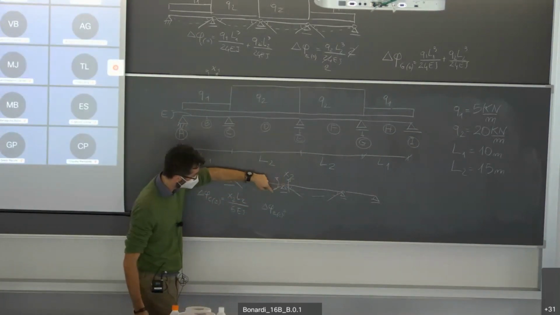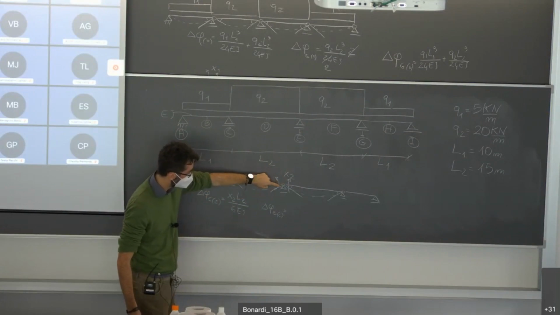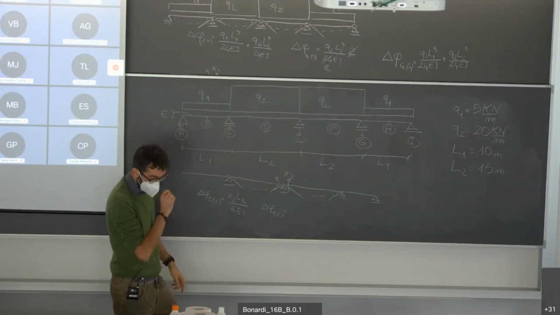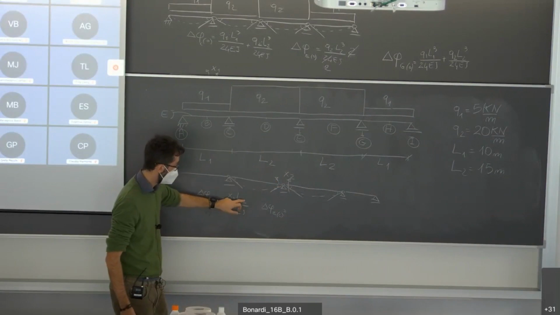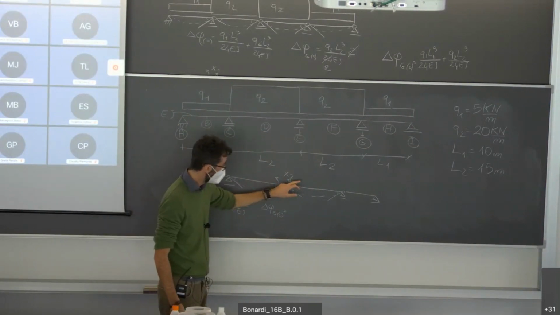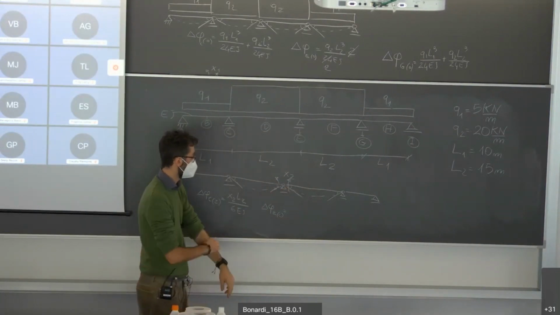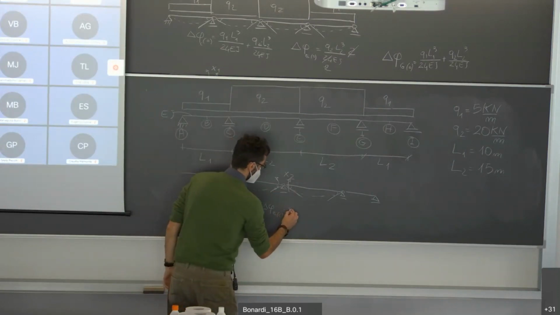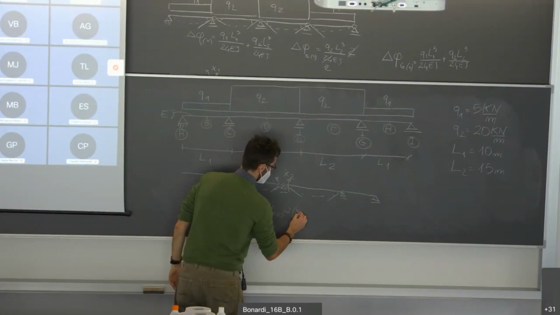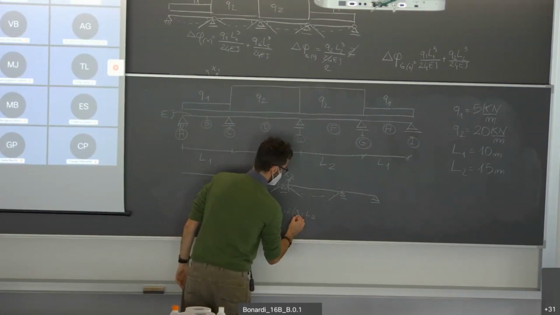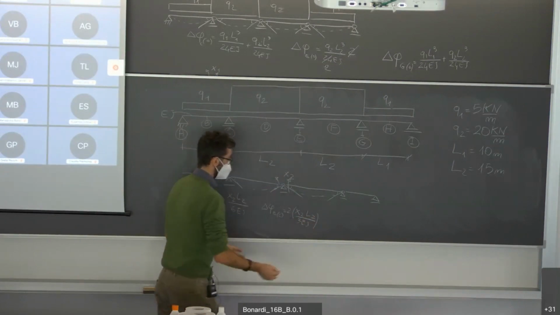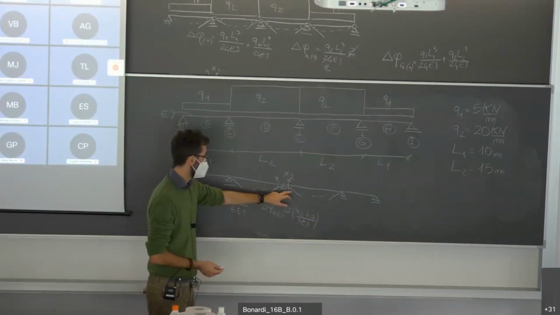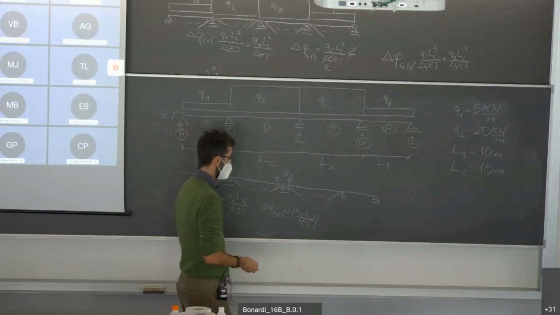Because it is the rotation in the node where the bending moment is applied in a beam whose length is L2. And here we have the same geometry. So we have twice the same contribution: 2 times x2 times L2 over 3 iota. Because we have this one plus this one, which are the same.